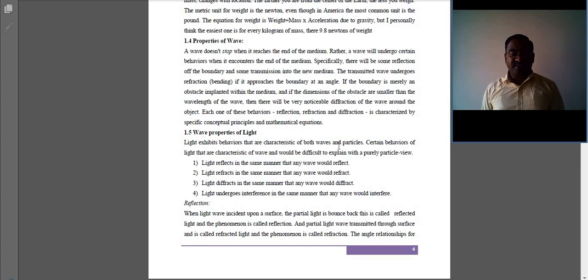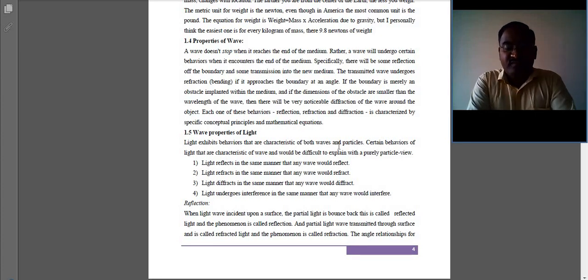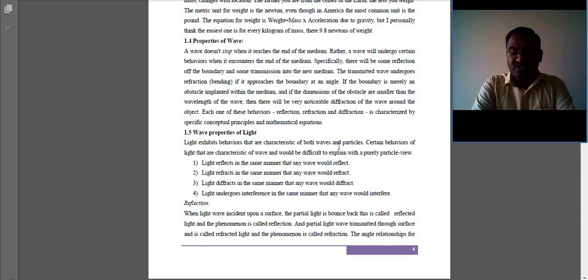Light refracts in the same manner that any wave would refract. Light diffracts in the same manner that any wave would diffract. Light undergoes interference in the same manner that any wave would interfere.